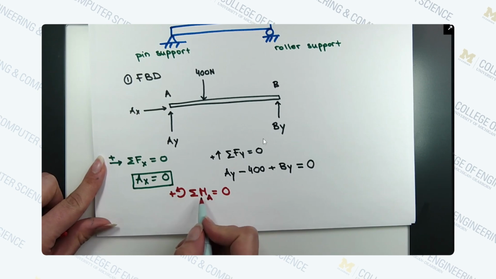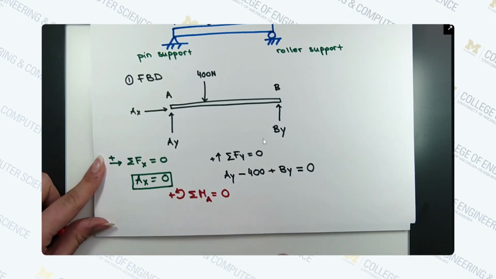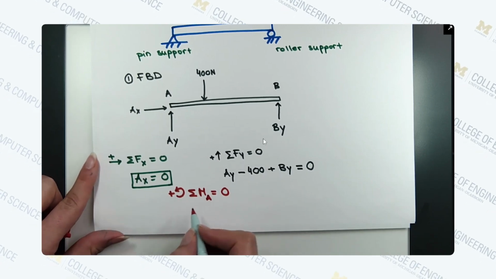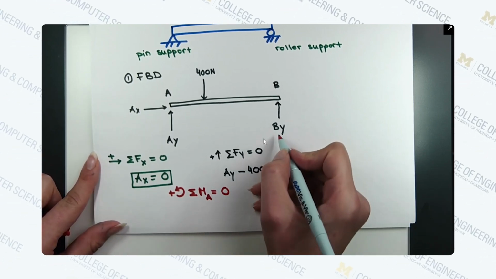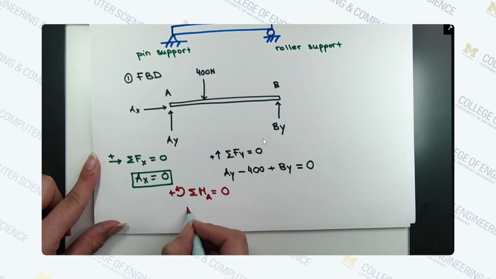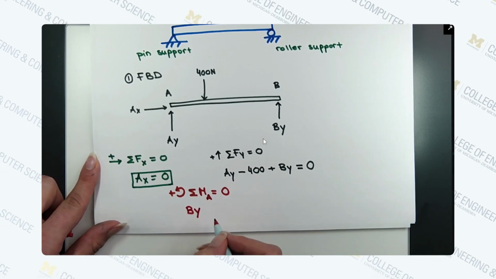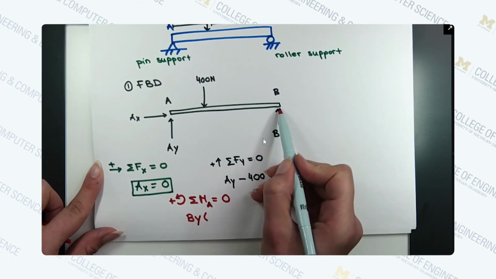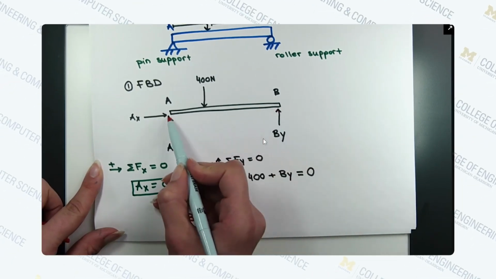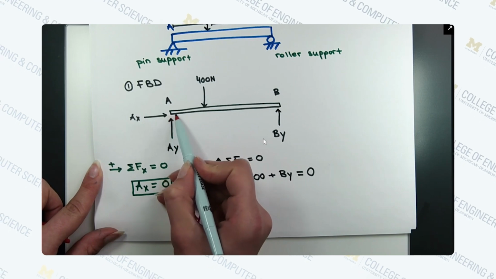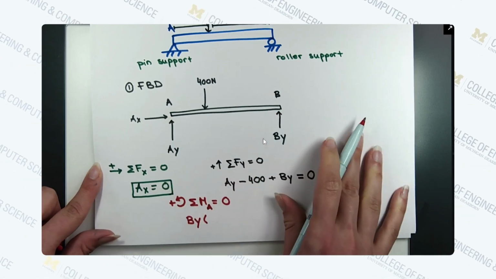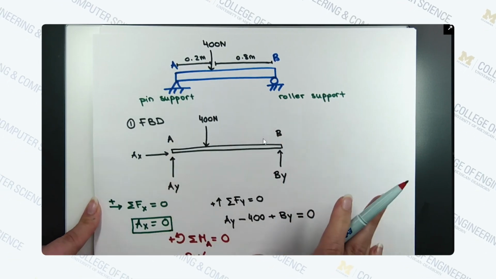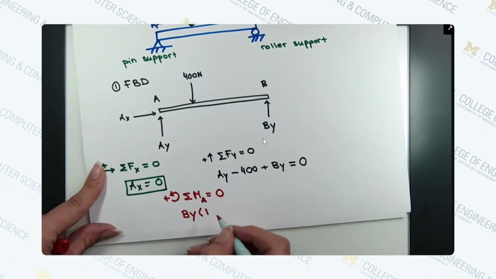Now, moment is equal to the force times the perpendicular distance between the points. So let's see for point BY. That is going to be BY, the force, times what is the distance between this force BY and point A? It is this whole distance, which is equal to 0.8 plus 0.2. That is equal to 1 meter.